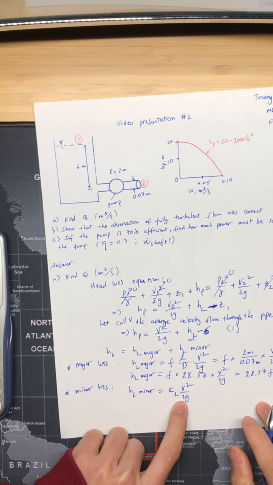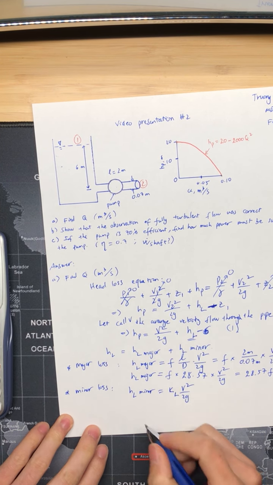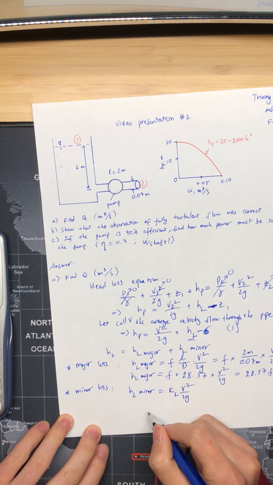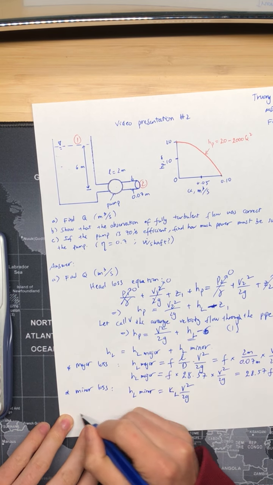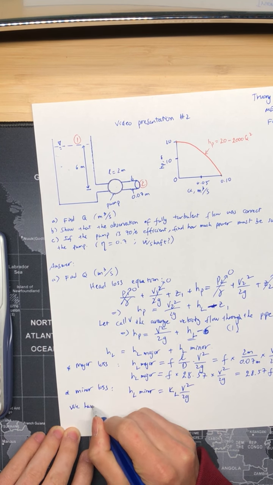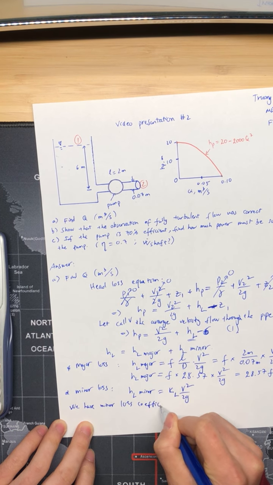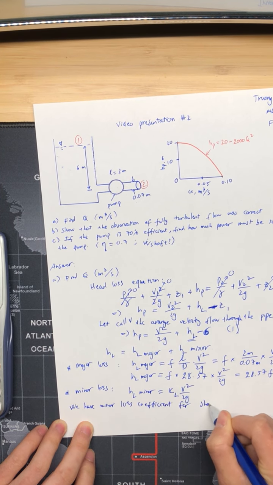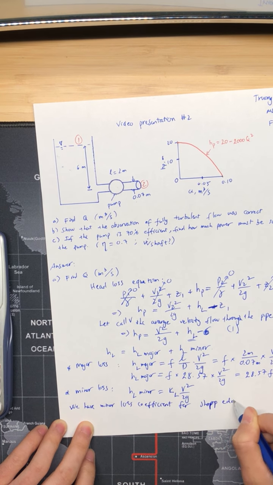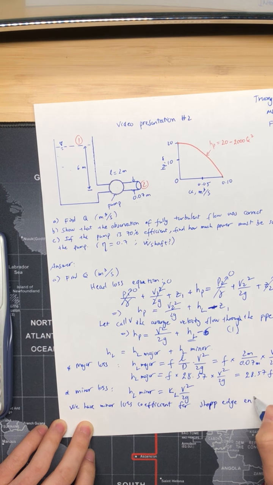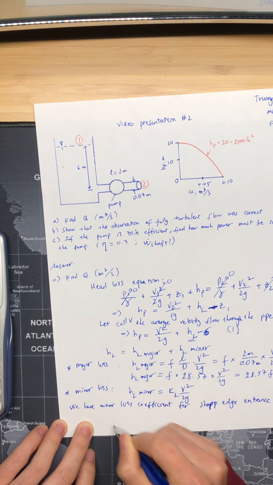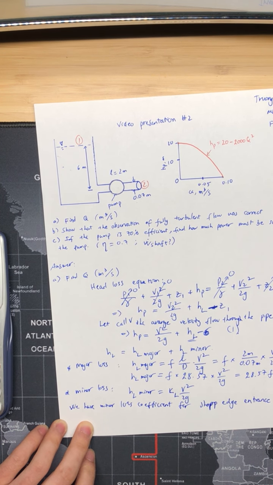For the sharp-edged entrance, we have a loss coefficient KL equals 0.5, in the figure in the textbook.